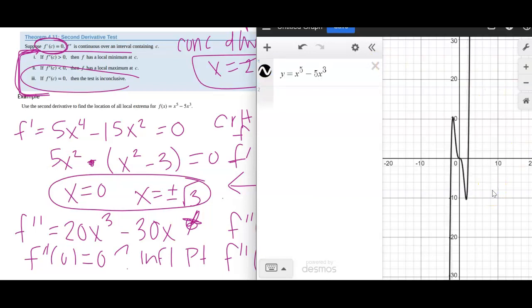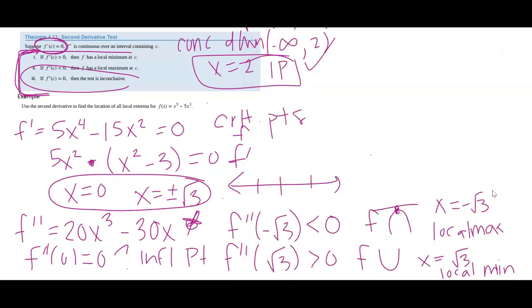All right, so let's plug this back into what we know from curve sketching and pre-cal. It is an x to the 5th function, so end behavior makes sense. If I factored out an x cubed, I would be left with x squared minus 5.